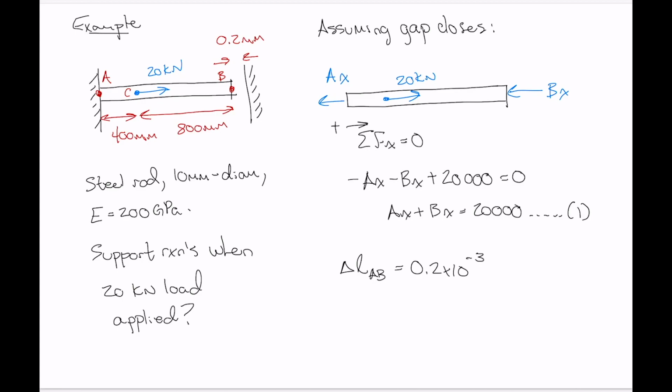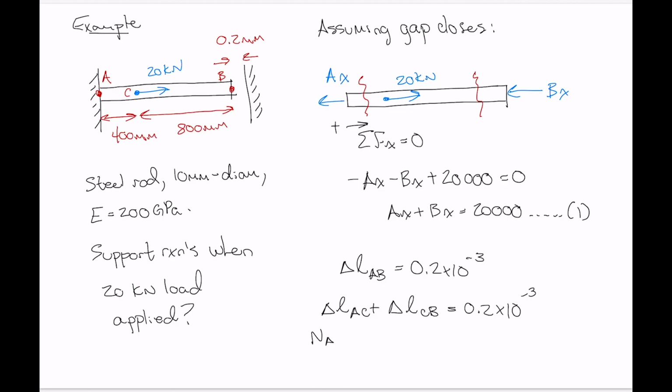Now, this is going to be a superposition problem, where one section between A and C has a normal force that's equal to Ax, and the other section has a normal force that will be equal to Bx. So we know we have to use superposition here. Delta L AB will be equal to delta L AC plus delta L CB equals 0.2 times 10 to the minus 3, and then we expand those two terms out.